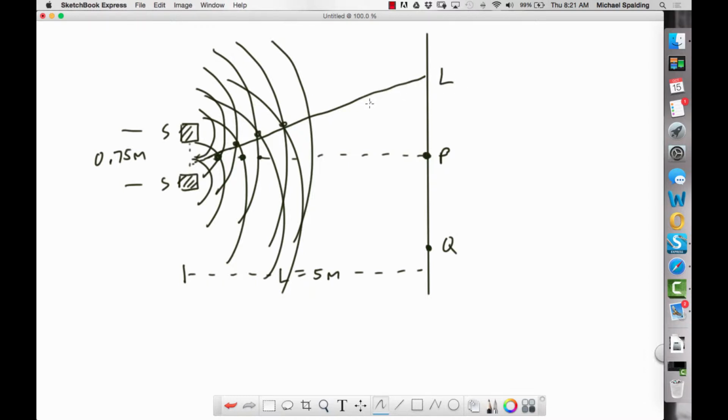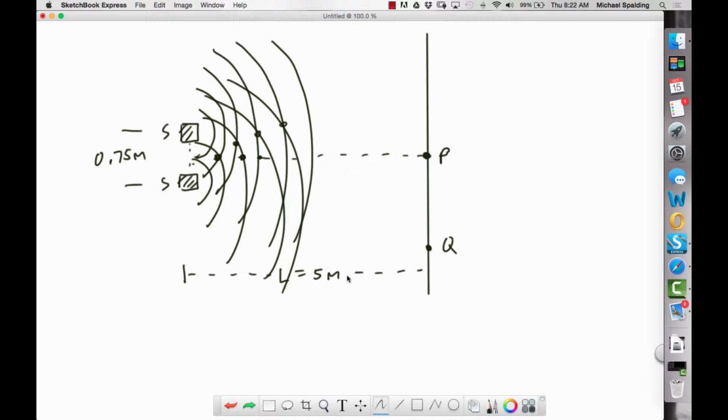Loud. Where you have constructive, it's loud. My diagram was drawn very poorly, but if you draw these wave fronts carefully, you should have constructive all the way across the middle, where the wave peaks are overlapping, and you get a loud right in the center. So that's the setup of what's happening.